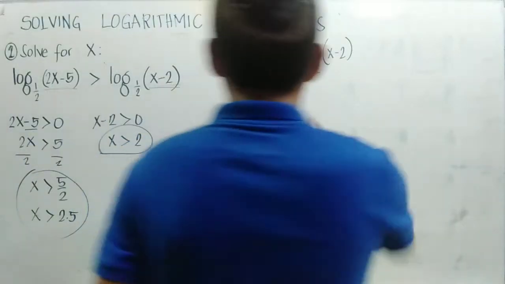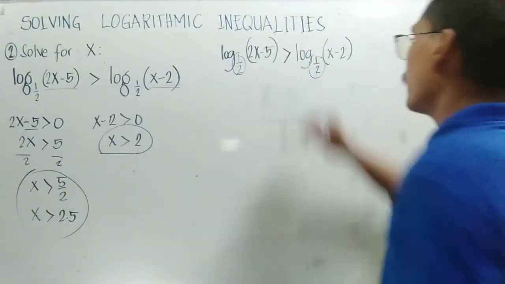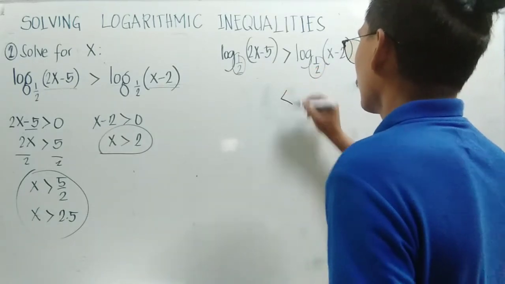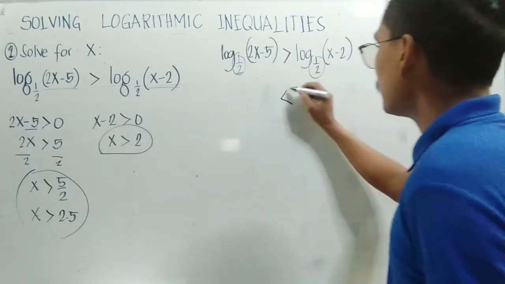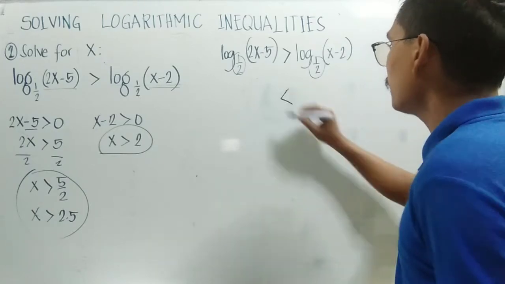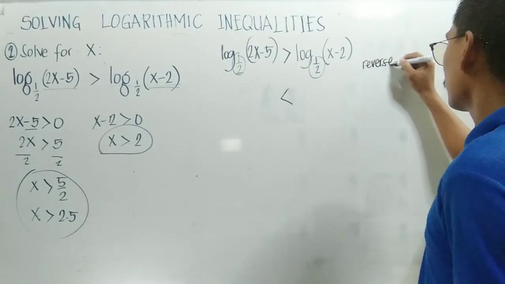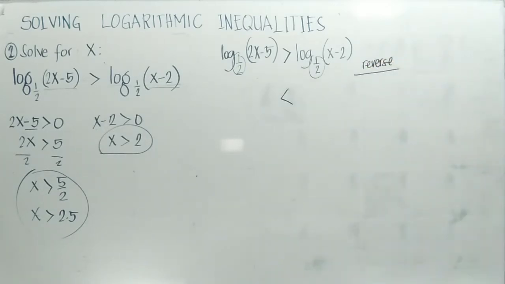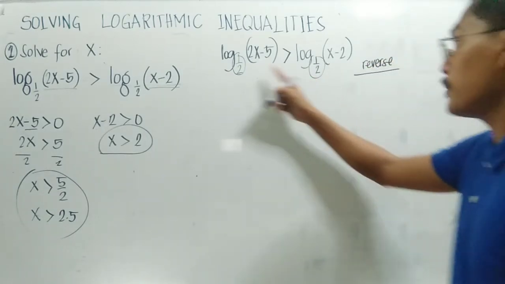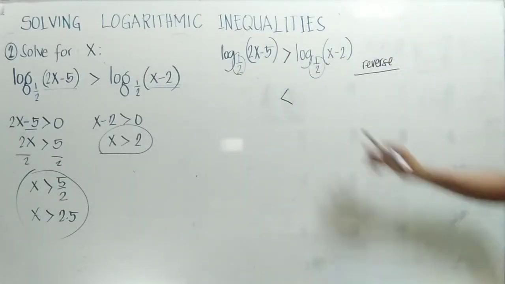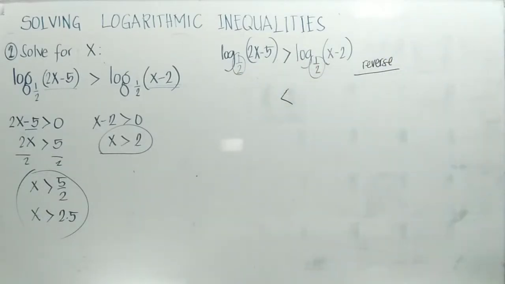So we have fraction 1/2 and 1/2. So it means that your inequality symbol will be reversed. Again, when we are dealing with the bases that are fractions, the inequality symbol will be reversed.